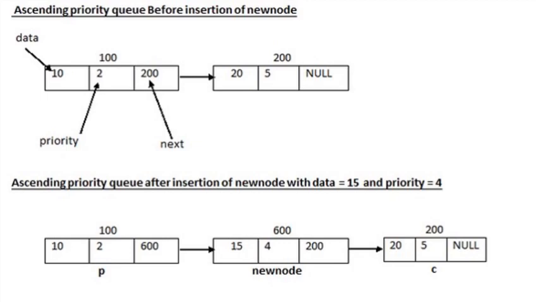Now, the data becomes 10, 15 and 20 with the priority values 2, 4 and 5, and the addresses shall be assigned as 100, 600 and 200. As we can see here, even after the insertion of a new node, 10 will be the data that will be erased first because the priority value of 10 is least compared to 15 and 20.